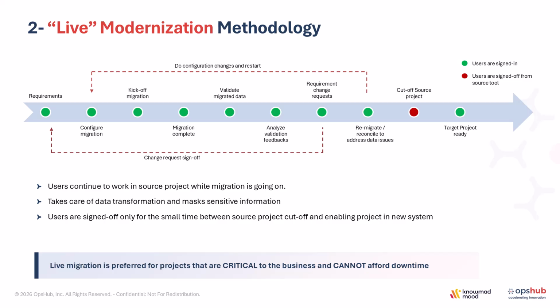So one can do all the configuration, transformation, and validation. And only once everything is validated, you can schedule the cutover over a weekend. And typically in this scenario, cutover takes an hour or less.